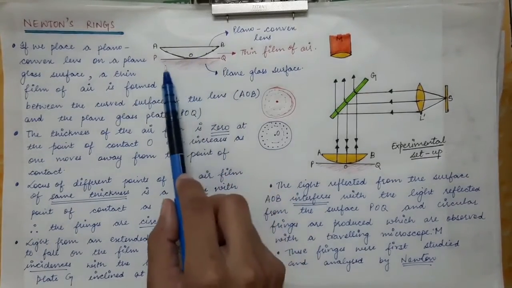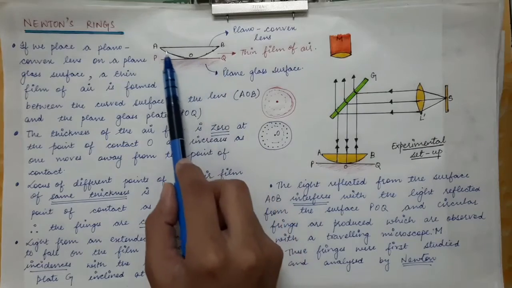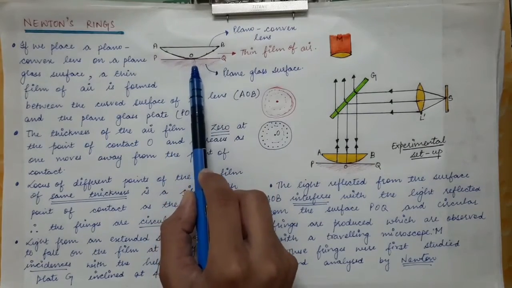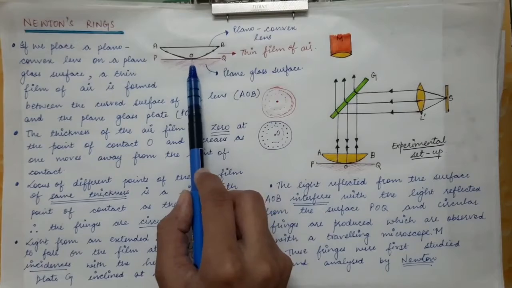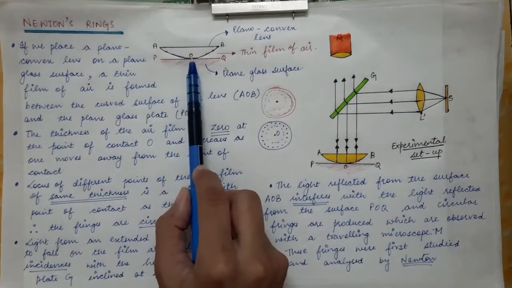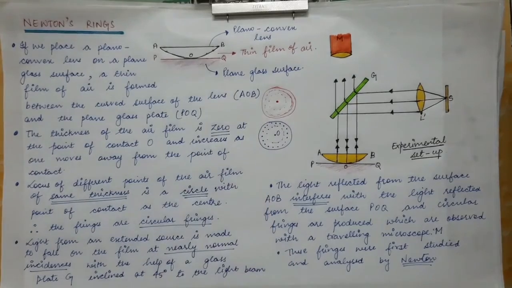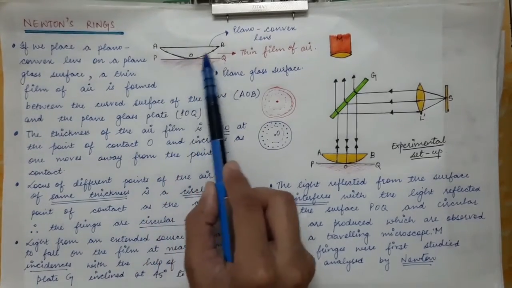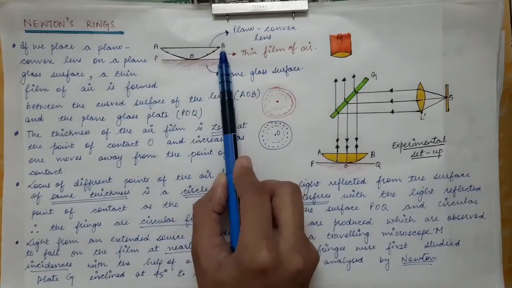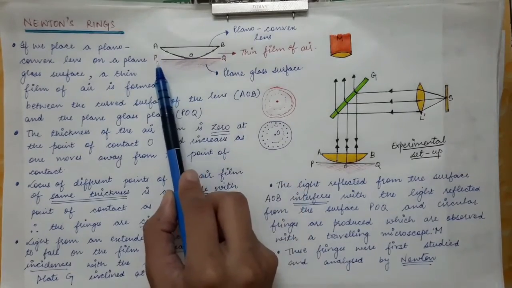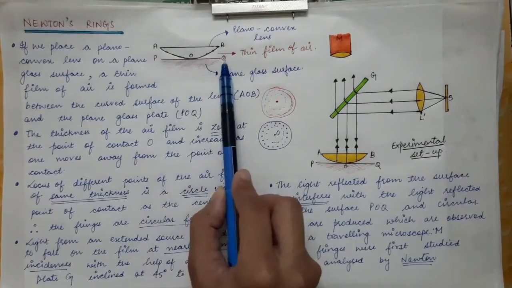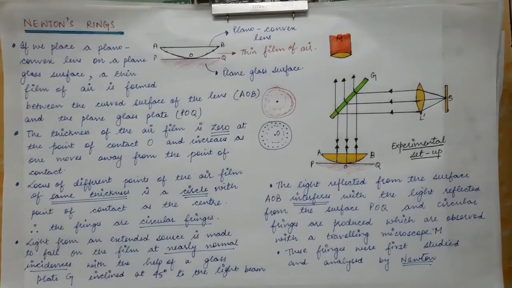Therefore this lens will touch the plain glass surface at a point which is called the point of contact, and it is represented by capital O. So AOB is the curved surface of the lens, and POQ is the plane surface of the glass.